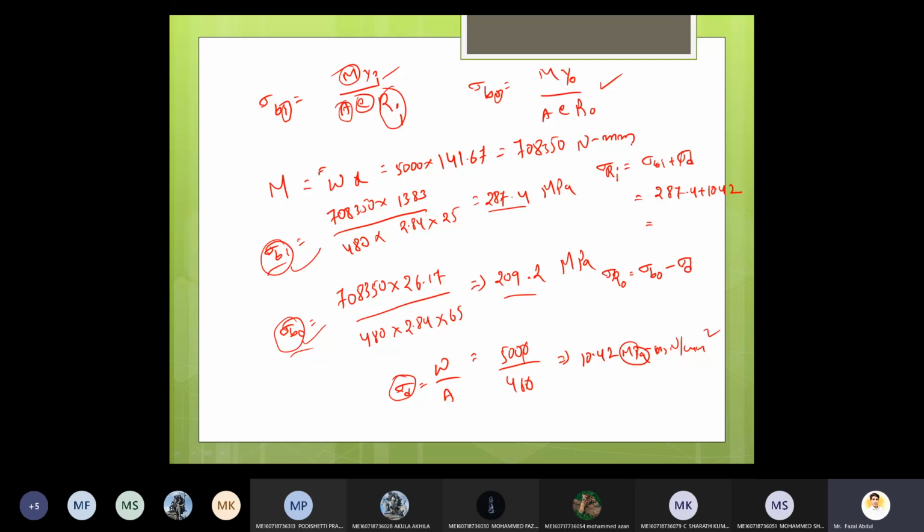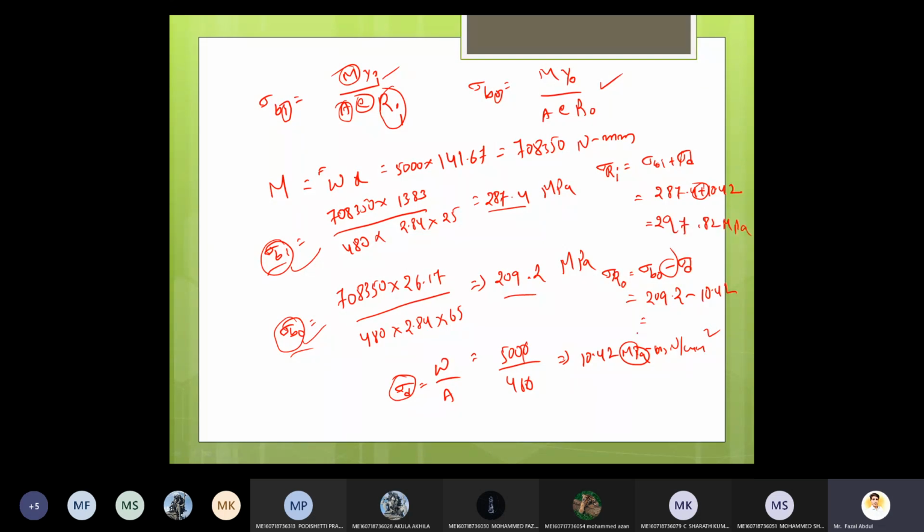See here the difference. Why am I writing negative here and positive there? I will tell the reason. First write down this equation. What is sigma b naught we got? 209.2 minus 10.42. Now tell me the answers. 287.4 plus 10.42 is 297.82 megapascal.